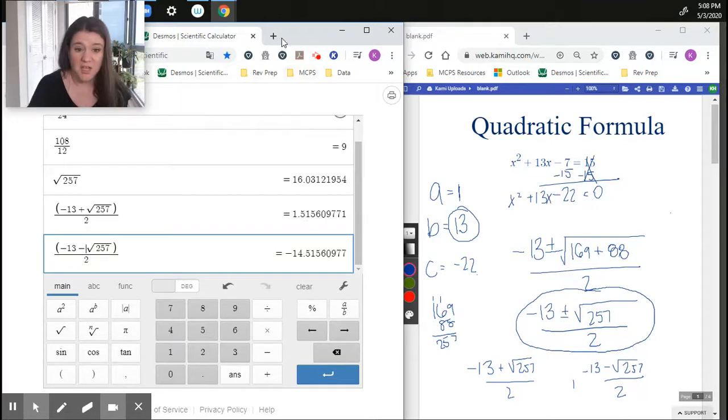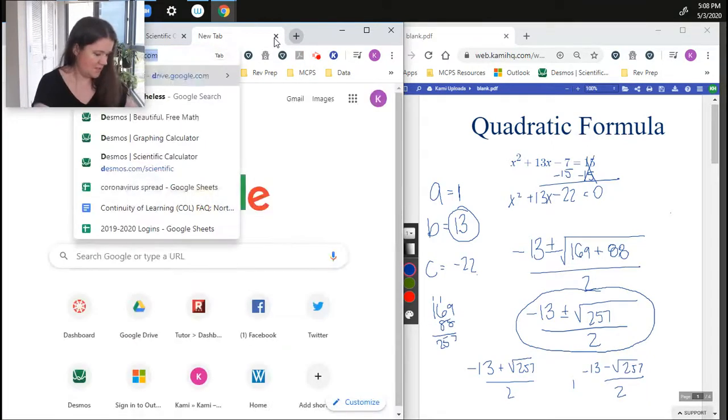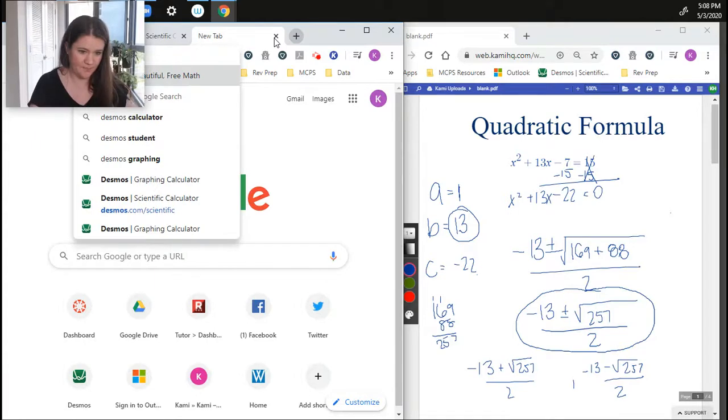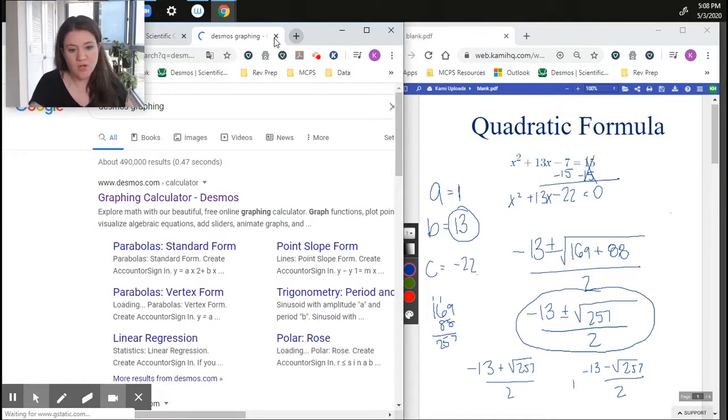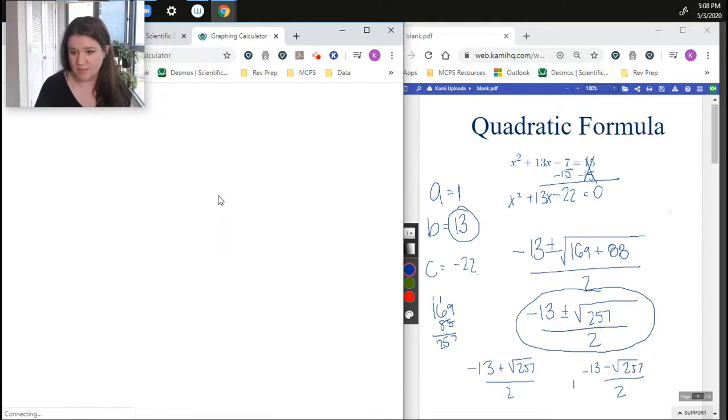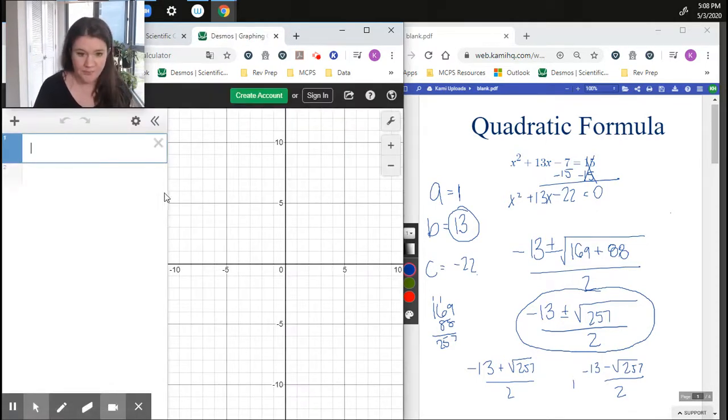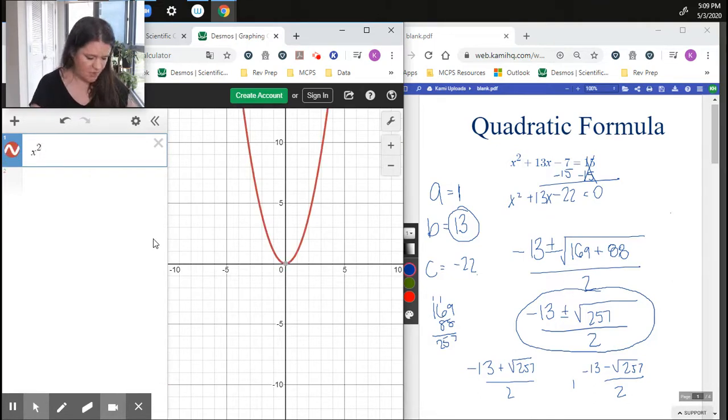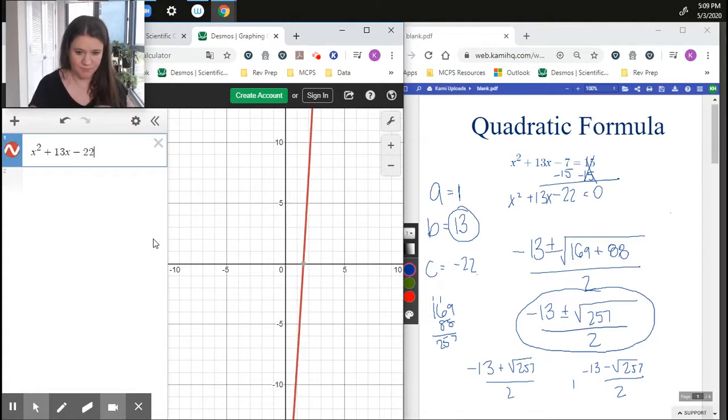1.516, right? And if I wanted to, because I am a studious young lady, I maybe want to try it out, see what that looks like on Desmos, right? Well, if I plug in x squared plus 13x minus 22, right?